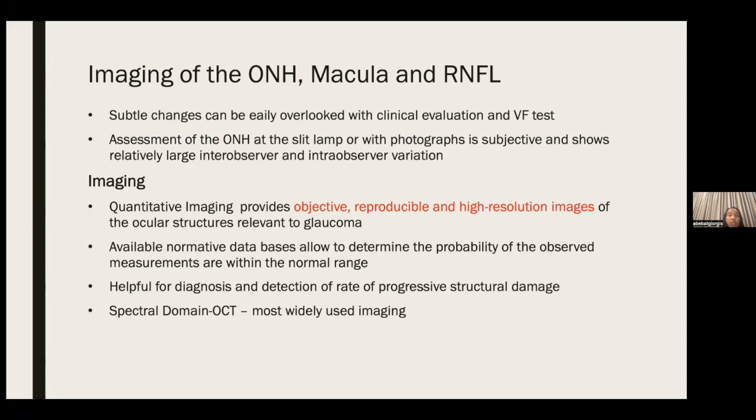So quantitative imaging provides objective, reproducible, and high-resolution images of the ocular structures relevant to glaucoma. Available normative databases allow determining the probability that the observed measurements are within normal range. It's also helpful for diagnosis and detection of rate of progressive structural damage. And the spectral domain OCT is the most widely used imaging nowadays.